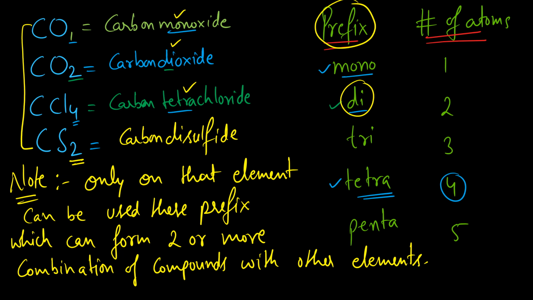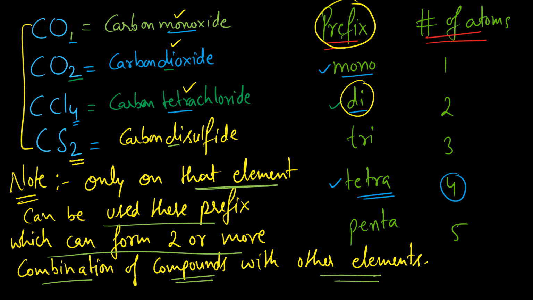In the next I wrote carbon disulfide, di because here carbon comes with 2 sulfur. So these prefixes are valid only for those elements which can form 2 or more combinations of compounds with other elements. Here we have seen the combination of carbon with oxygen as well as with chlorine and sulfur. So this is all about the naming of molecular compounds.